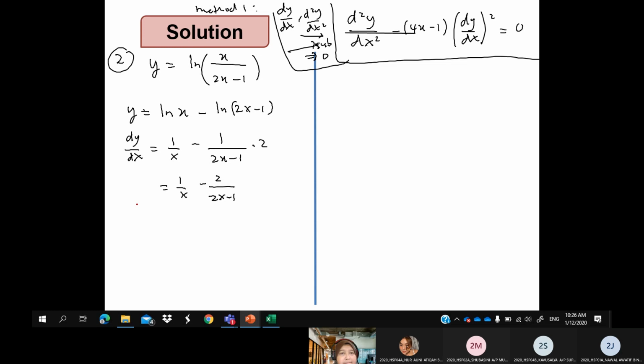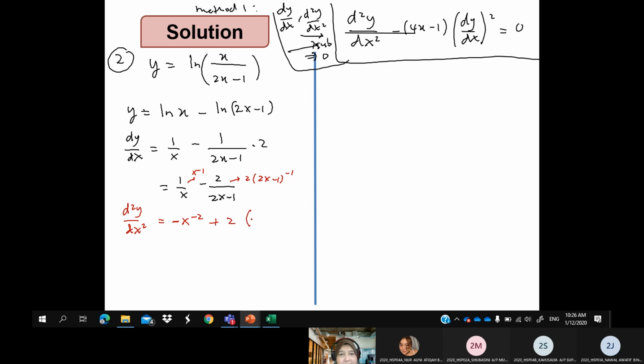Now, try d2y dx squared. This one is x power negative 1. This one is 2x, this one negative 1, right? So we get negative x to the negative 2. Minus 2.